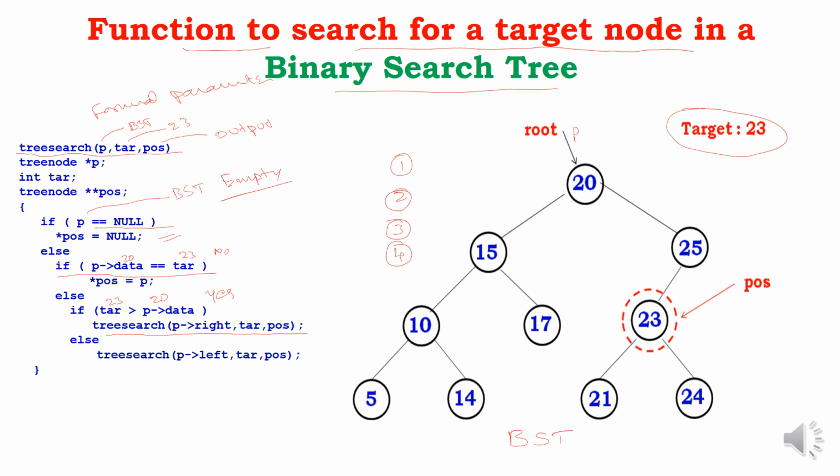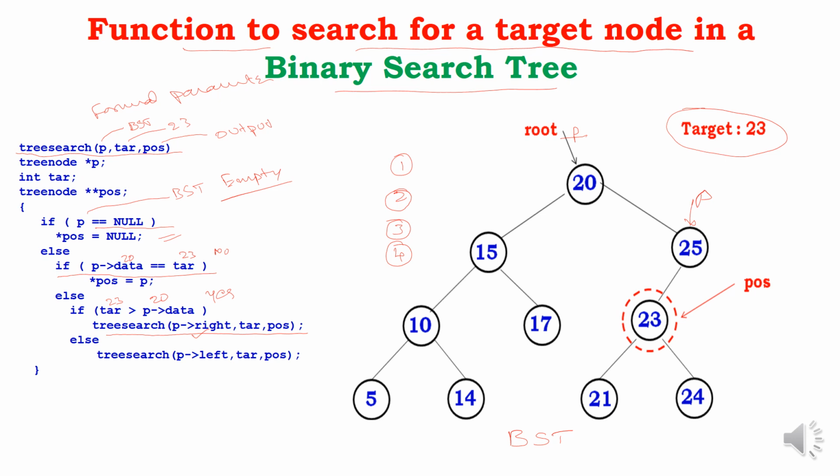We call the same tree search function because it is a recursive function, where from here onwards we search in the right subtree. Tree search P right, target, position. Now instead of P it becomes P right. Now P is pointing to 25.